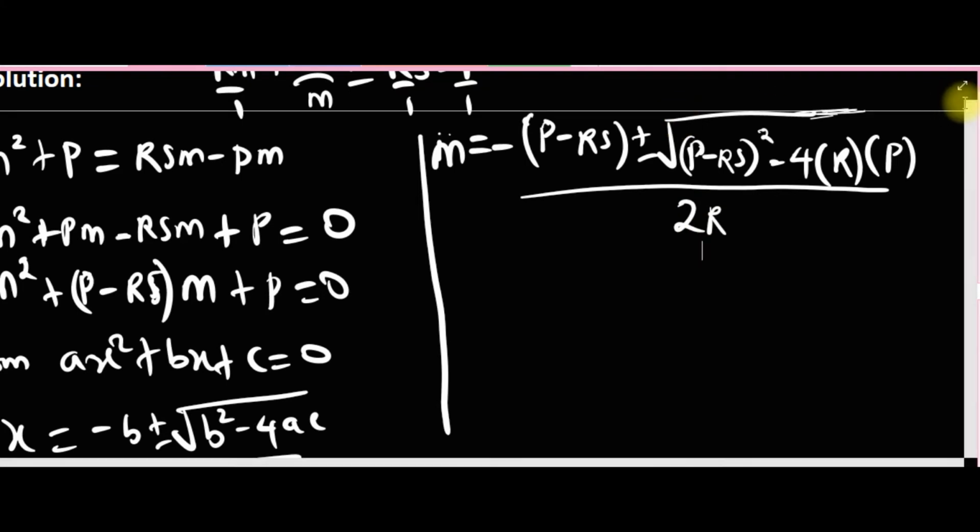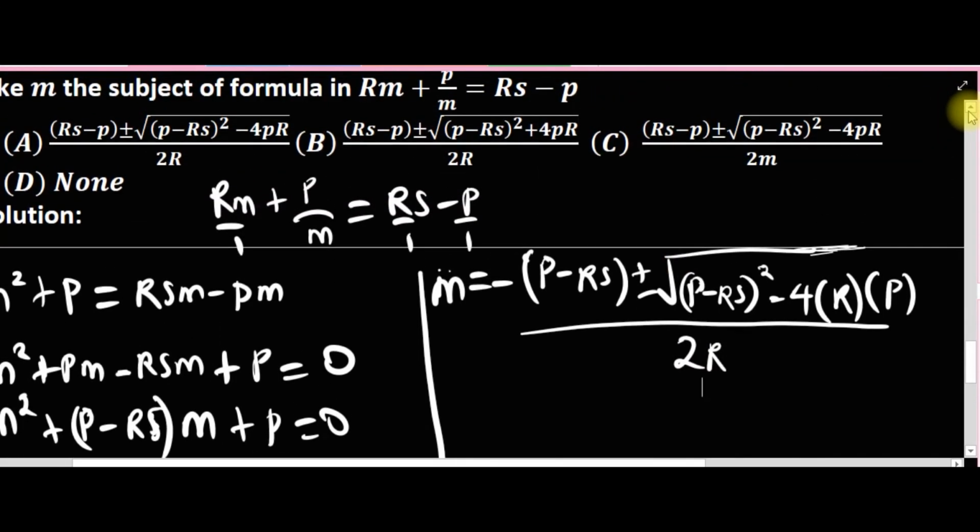So we'll check the options to know whether there is something like this. Okay, it seems it's A, because we can decide to bring in this minus or take out this minus.